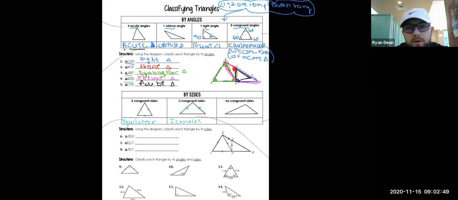So with isosceles triangles, when we know that we have 2 sides that are exactly the same, then we can say that the angles that are opposite, so if I drew a line from this side here and went to the opposite angle, this angle is facing this side, that's going to be one of our base angles, and the other base angle is going to be across from the other side that is the same length, right?